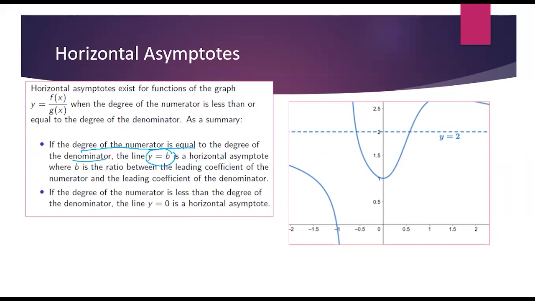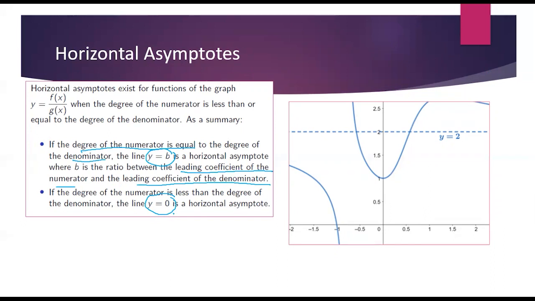Here b is the ratio between the leading coefficient of the numerator and the leading coefficient of the denominator. When you say leading coefficient, this one is the coefficient of the variable containing the highest power. If the degree of the numerator is less than the degree of the denominator, then we have y is equal to 0 as your horizontal asymptote.